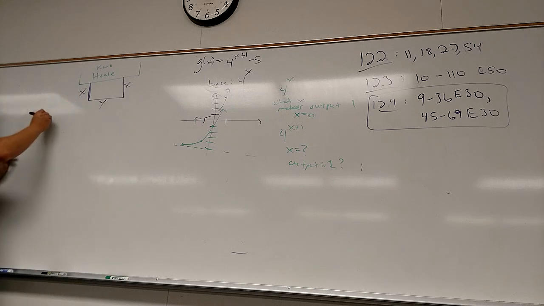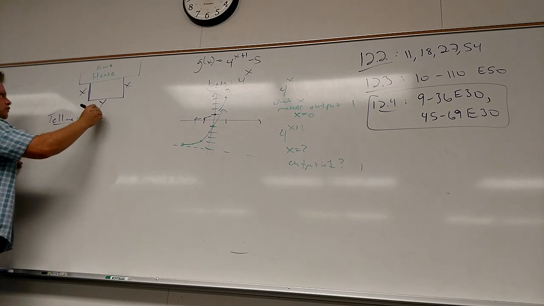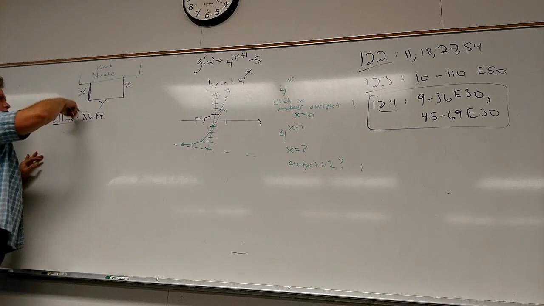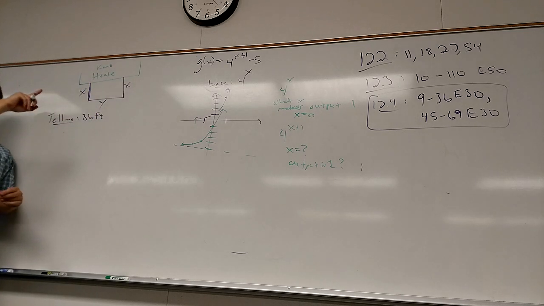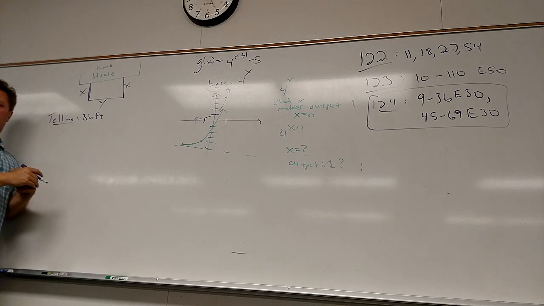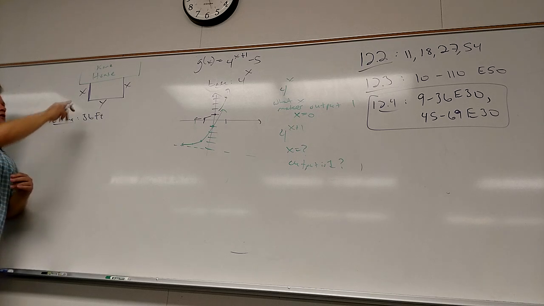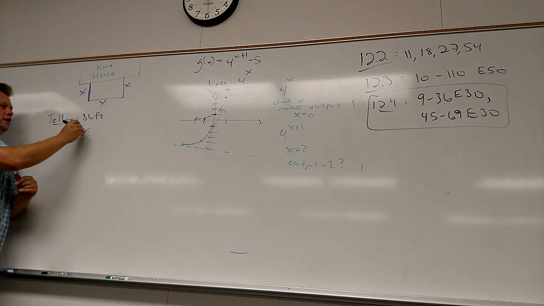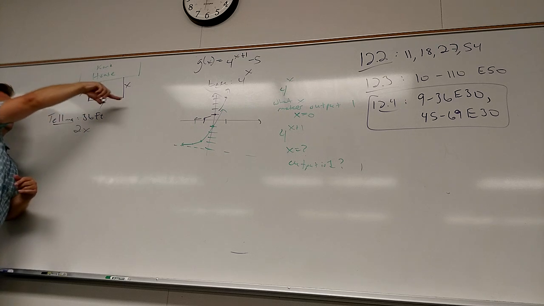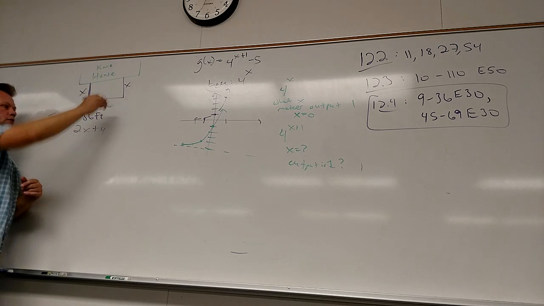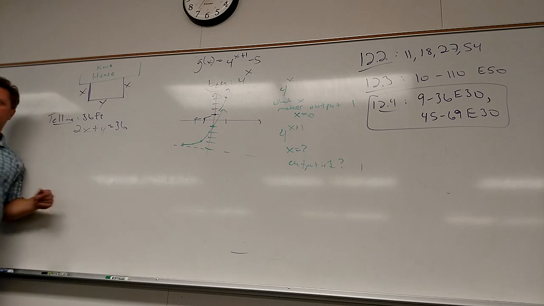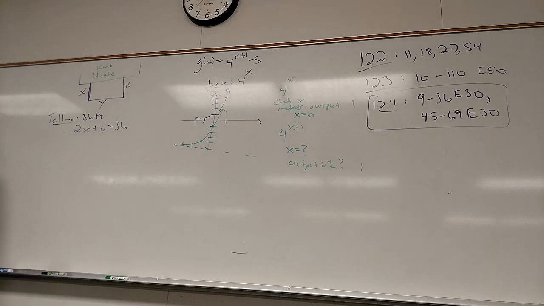So what do they tell me? 36 feet of fencing, I like it. How does all this translate into an equation? Careful, careful. 2x. Because you're not multiplying, you're adding. 2x, two of these lines to construct, plus that one is going to come from my 36 feet of fencing. And what do they ask me about?